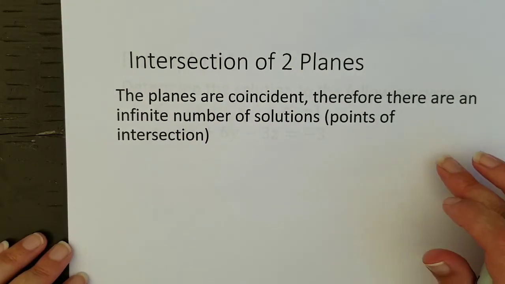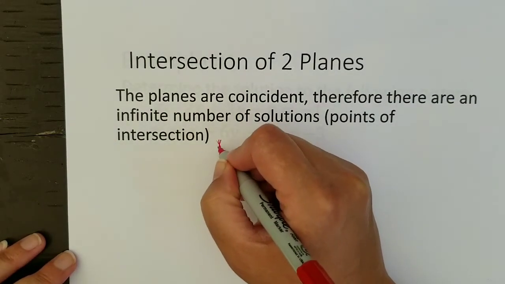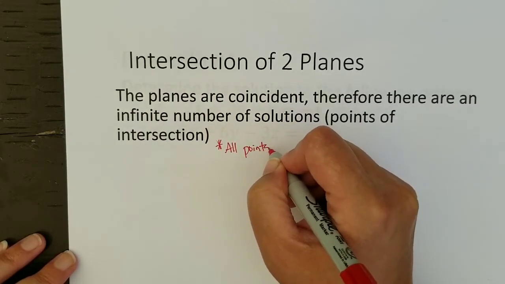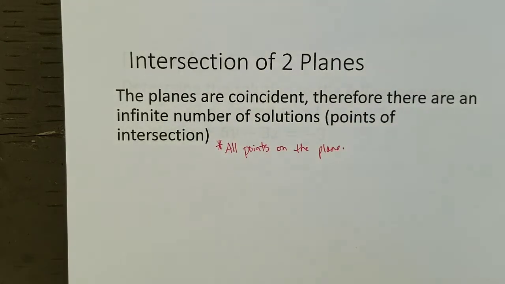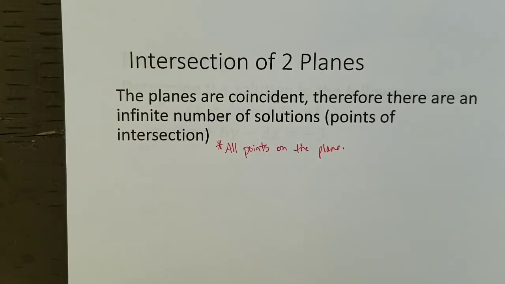So again, these planes are coincident. There's also an infinite number of solutions, but here it would be all points on the plane. So case one and case three both have an infinite number of possible solutions, but in case one, it's the infinite number of points on the line of intersection, and in case three, it's going to be all of the points on the plane.